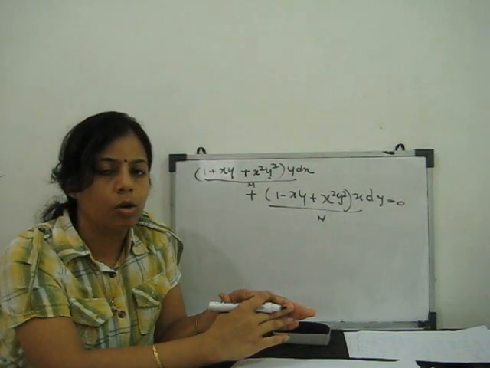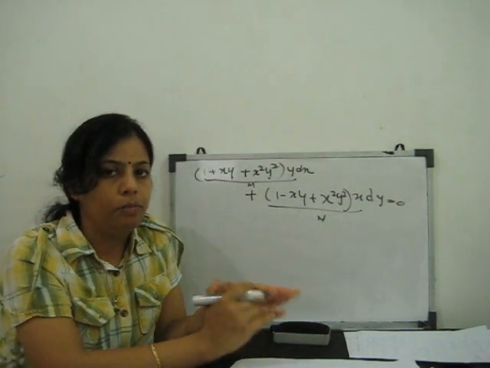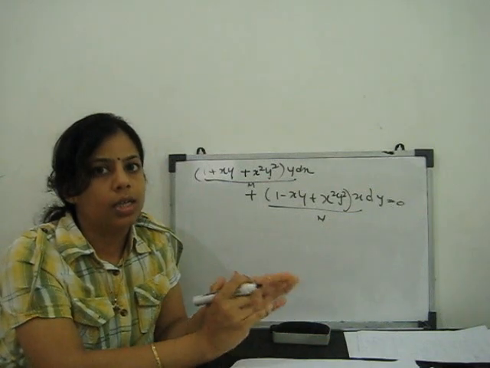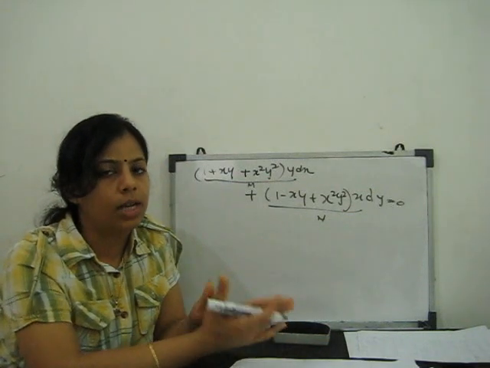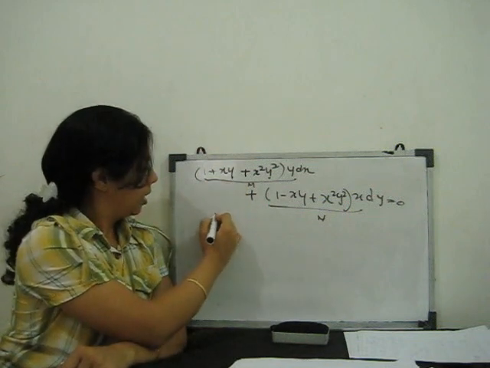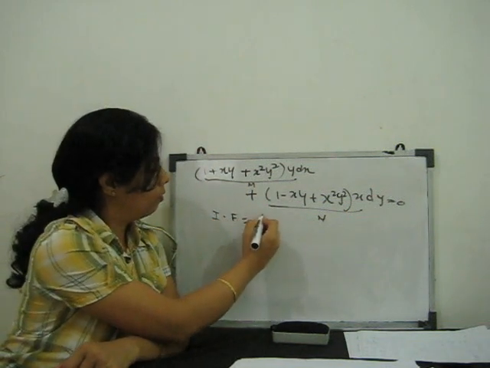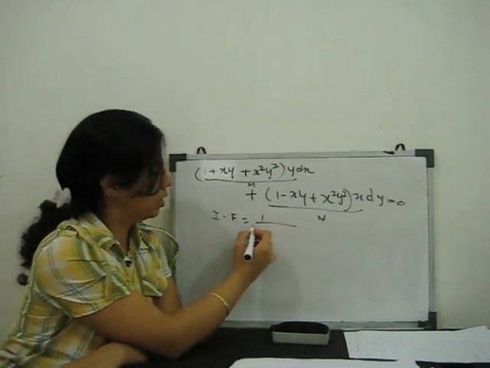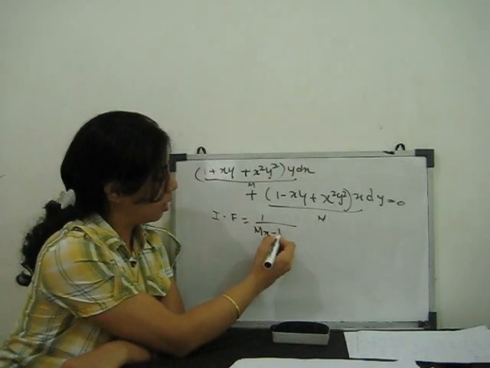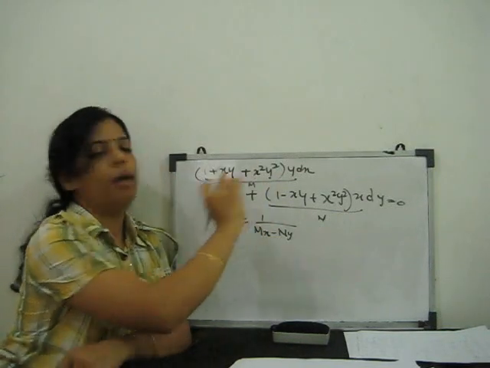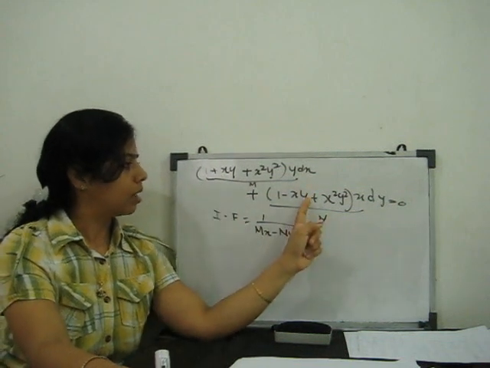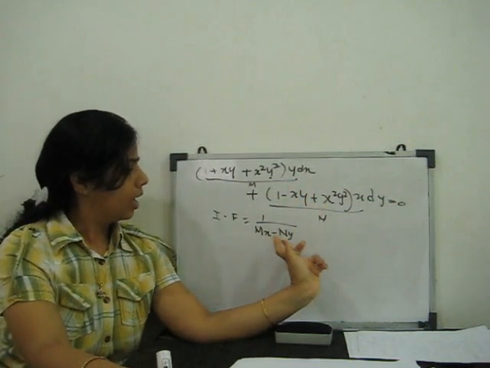This is called case 3, which we already discussed. In case 3, we directly set the integrating factor equal to 1 upon Mx − Ny. Mx − Ny means this term M multiplied with x, this term N multiplied with y, and subtract.